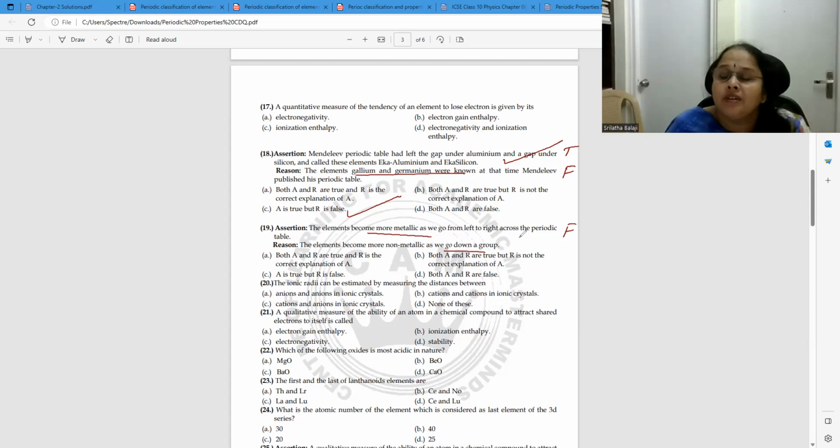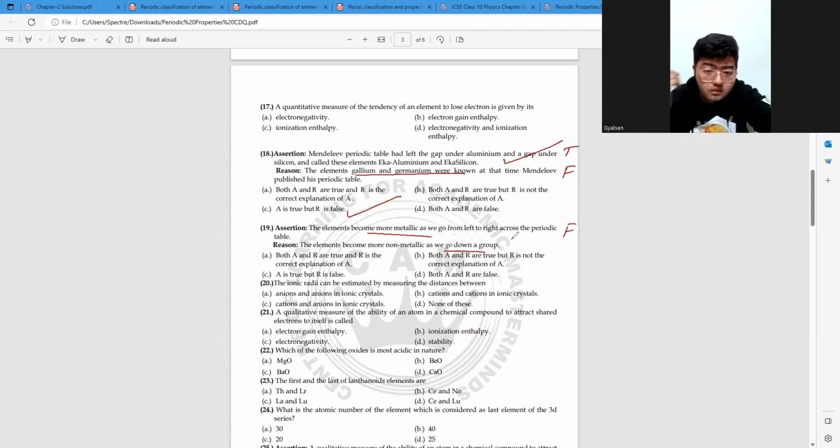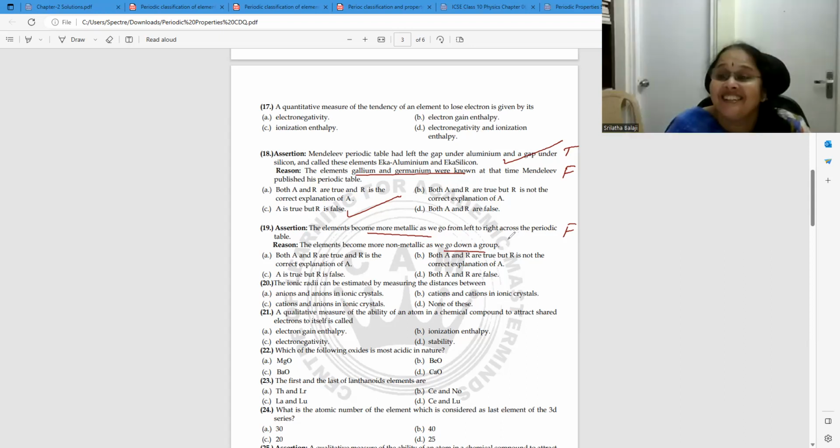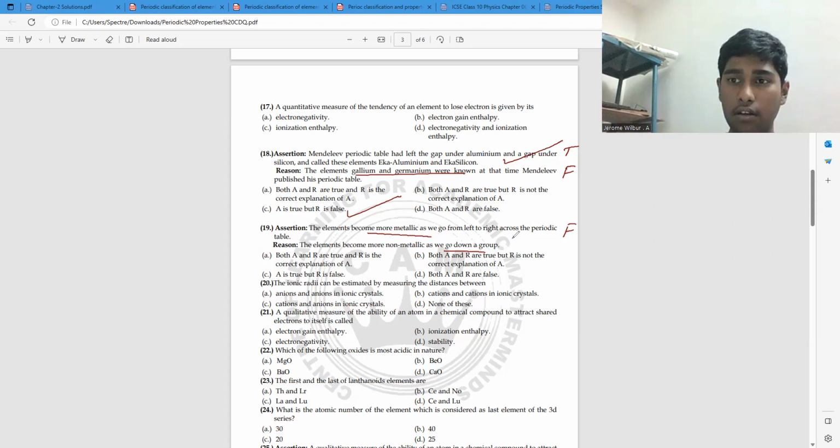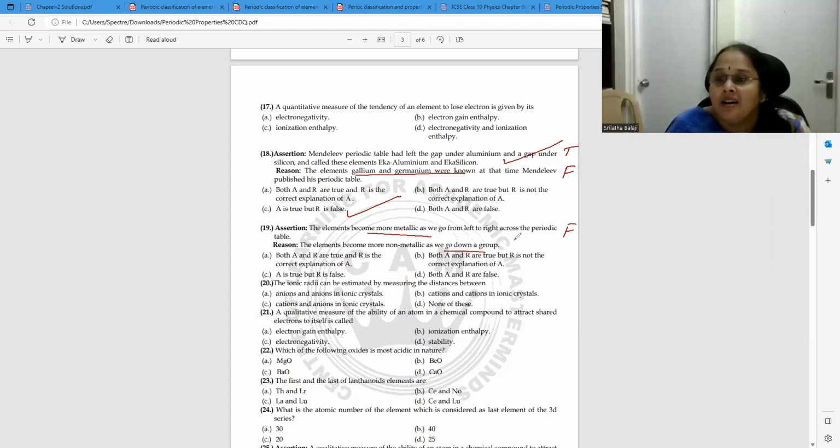So what should be your answer for this reason? Less non-metallic, so true or false? Simple. False. Yes. This is one more thing, children, I want you to understand: you're doing correct, but sometimes you have to be very crisp in the way you're acting. So put it as simple as true or false.